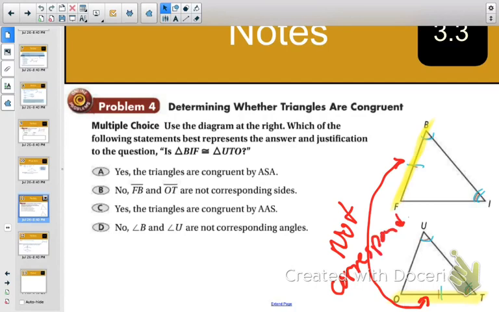Okay, so even though they're both angle, angle, side, that side needs to be in the right spot. Because the side is next to the 2 angle here, and it's next to the 1 angle here, those are not the same. So we can't say that these two triangles are congruent. So the correct answer here would be B.